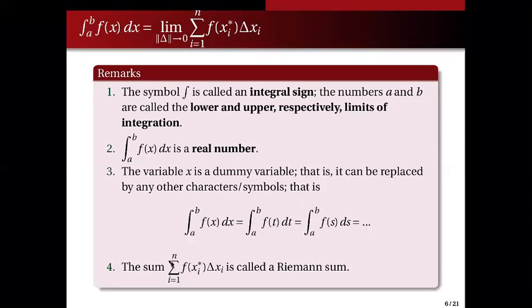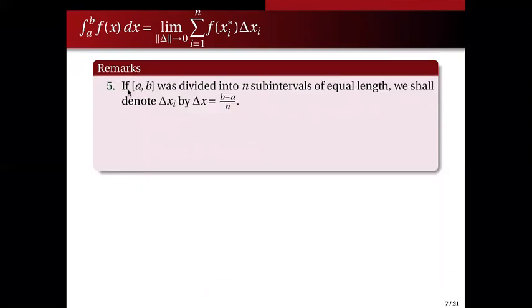Now, the sum of f of xi star delta xi, i from 1 up to n, is still called the Riemann sum. Now, if the interval was divided into n subintervals of equal length, then the delta xi will just be delta x.